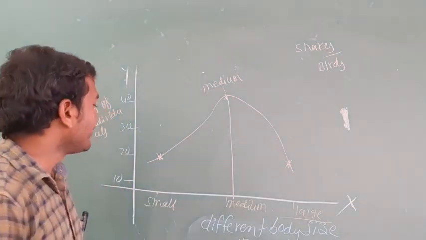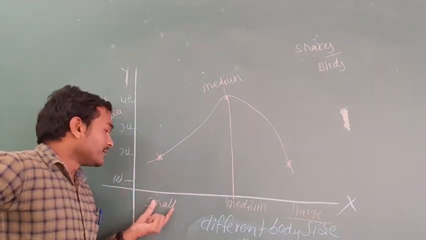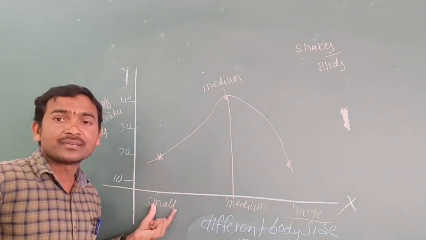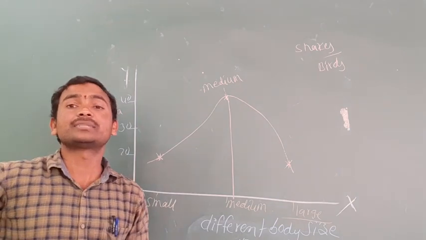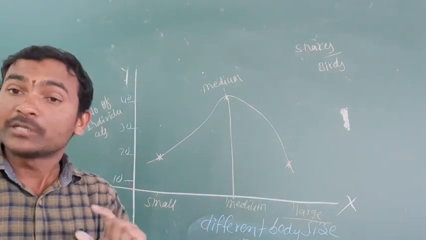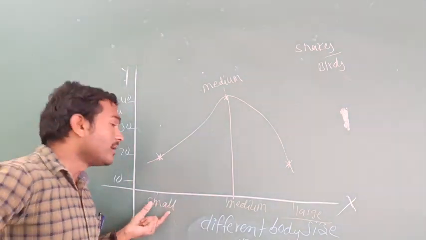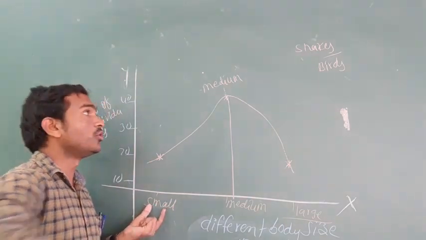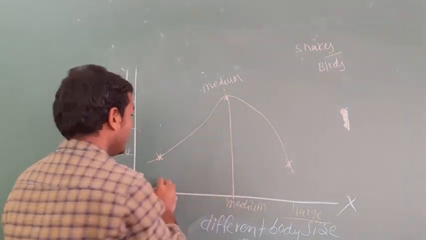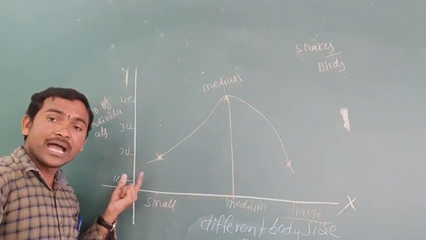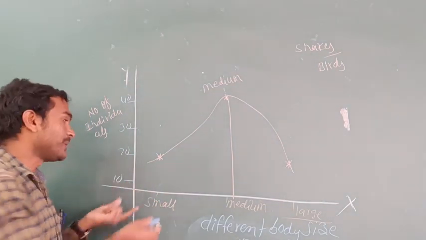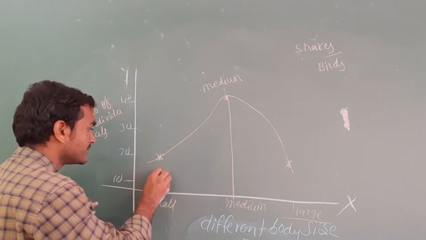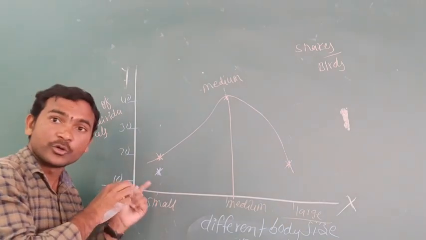When the birds come, the small size lizards cannot escape properly. They cannot run faster because they are still developing. So the bird easily catches the small lizards, and the small lizard number is going to reduce.